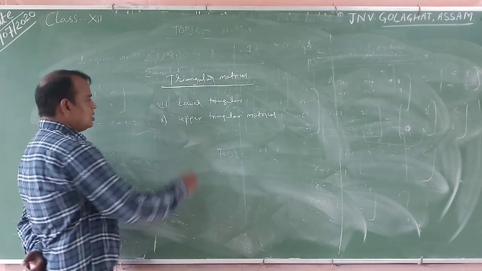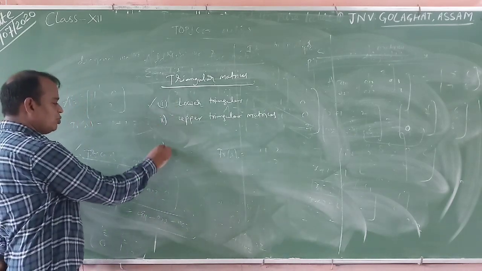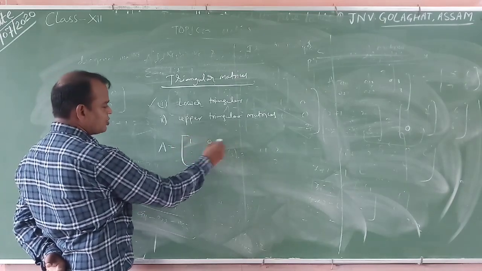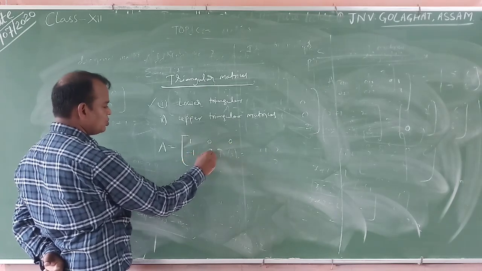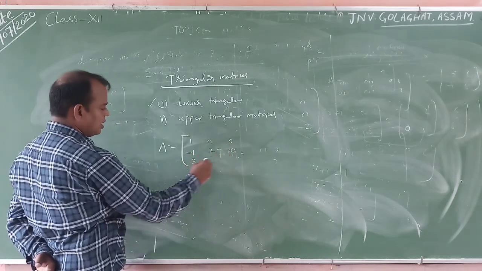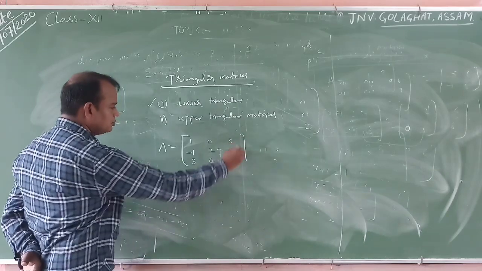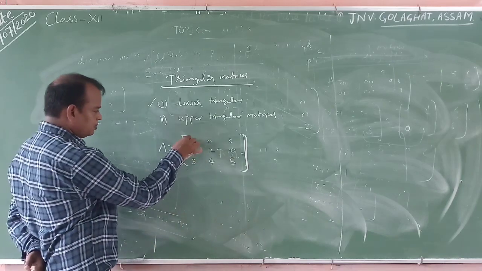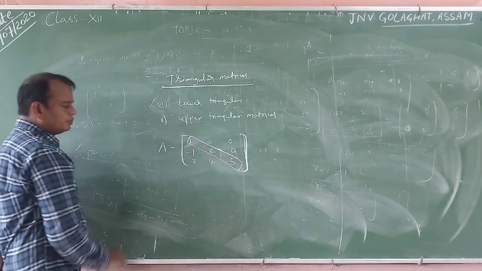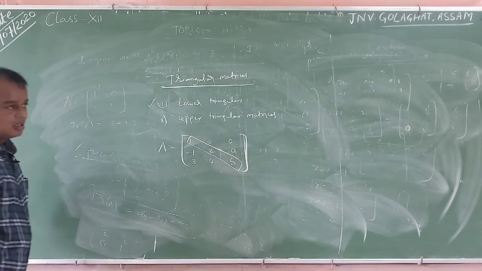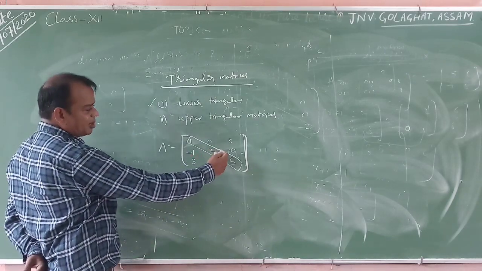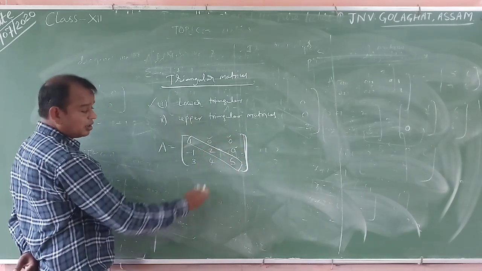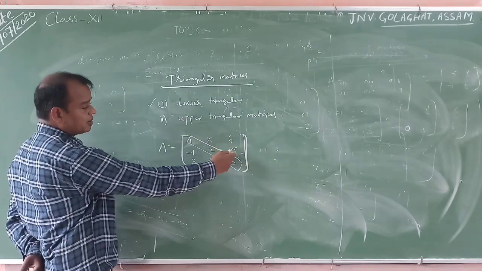Now I will discuss the lower triangular matrix. I will take this example: 1 0 0, minus 1 2 0, 3 4 5. What have you observed? First we take the principal diagonal. These are the principal diagonal elements. All the elements above the principal diagonal must be equal to 0.